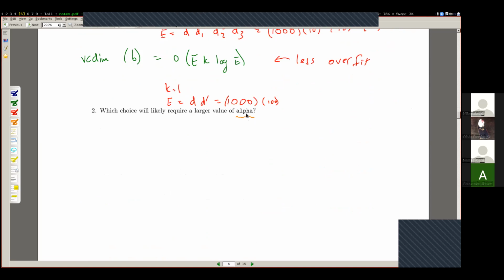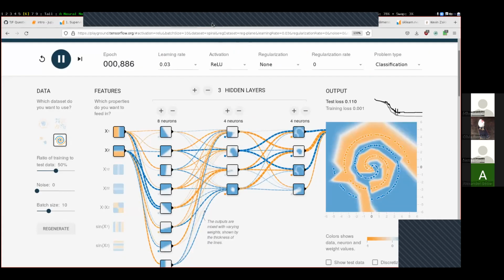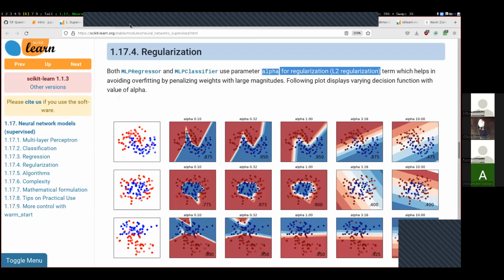The alpha parameter, if we come over here, this is the documentation for the multi-layer perceptron, the MLP classifier, and it talks about the alpha parameter. Alpha is just L2 regularization. As you make alpha larger, you're adding more regularization. It has these visualizations down here showing that if you make alpha really large, you're making your model basically more linear.